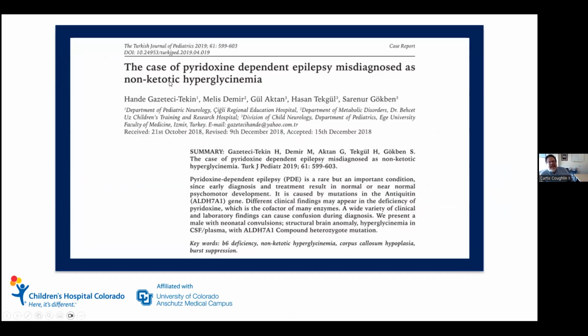Some of these genetic disorders, like pyridoxine-dependent epilepsy, have actually been misdiagnosed as NKH, as that glycine cleavage enzyme really is dependent on pyridoxal phosphate, as are so many enzymes. And so what we see in kids with pyridoxine-dependent epilepsy is that they often have very high levels of glycine before we start them on treatment. Like I said, poor transition. I apologize.